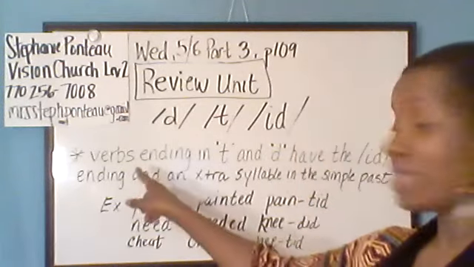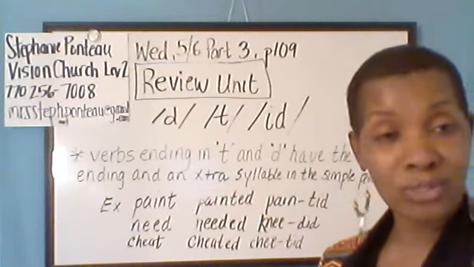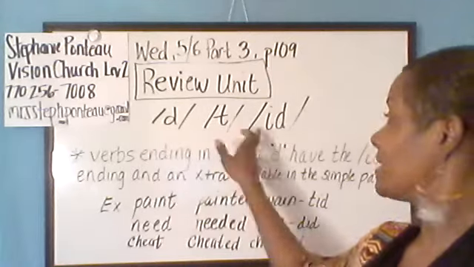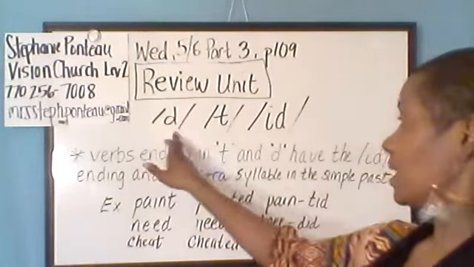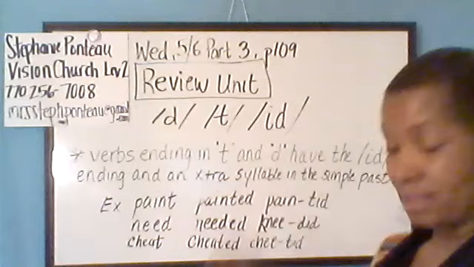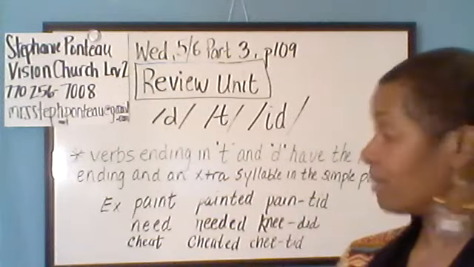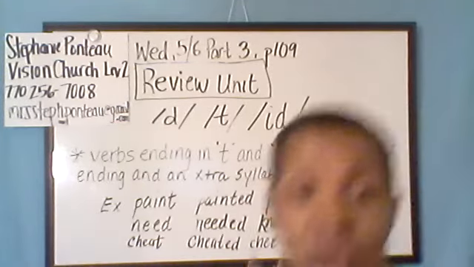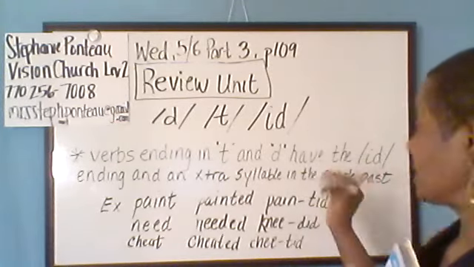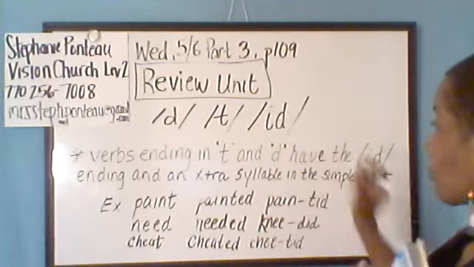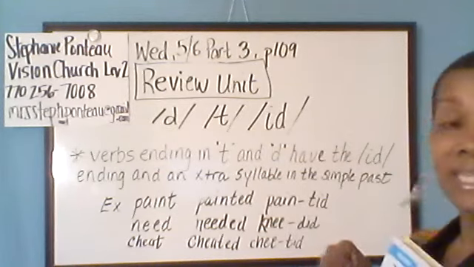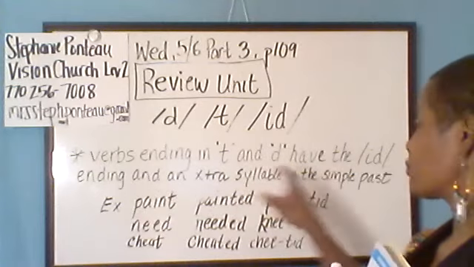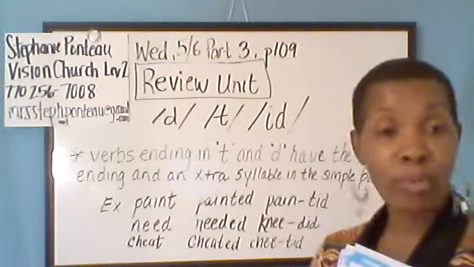So these are some rules you just need to know about words in their simple past that end in D. These are the three different sounds that you can get: the D, the T, and id. And these are examples of the words that have them. And then this is the rule that'll help you figure out the ending sound for your word. So make sure you write this down. Verbs ending in T and D have the id ending and an extra syllable in the simple past.